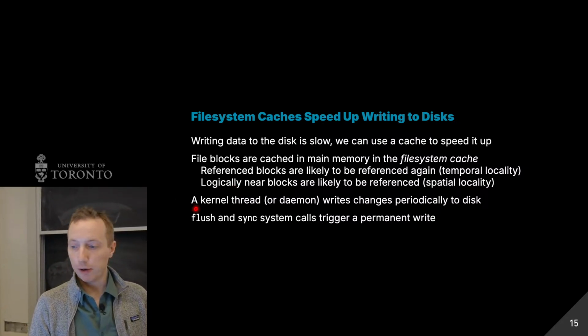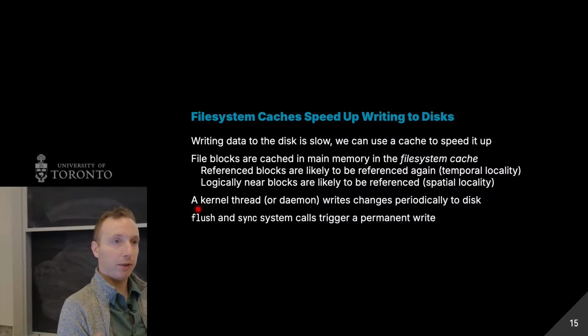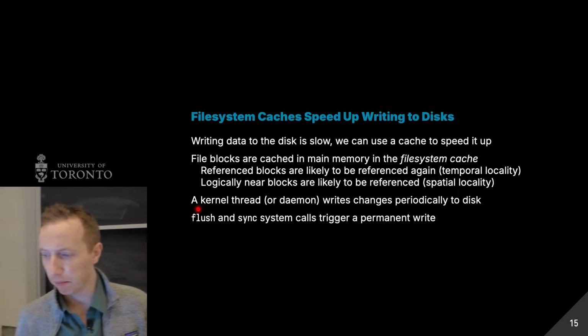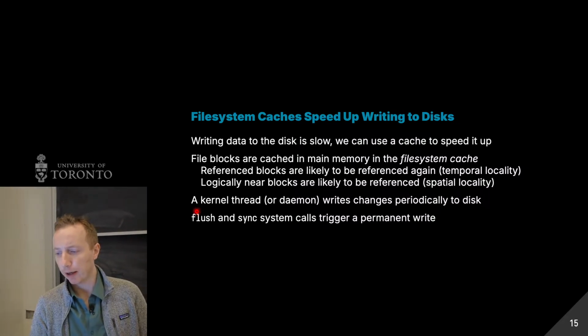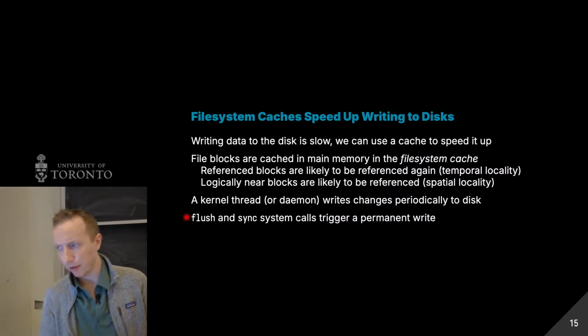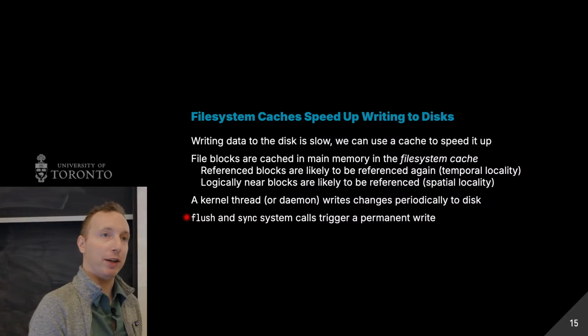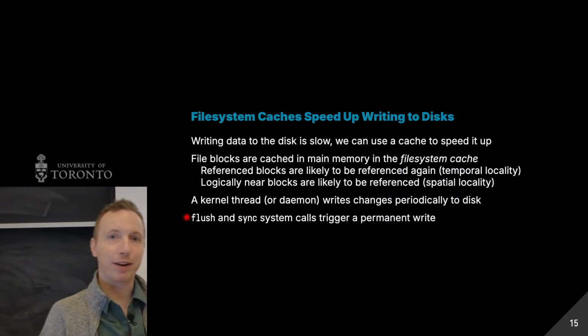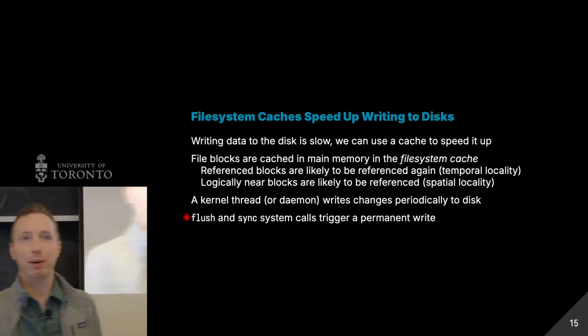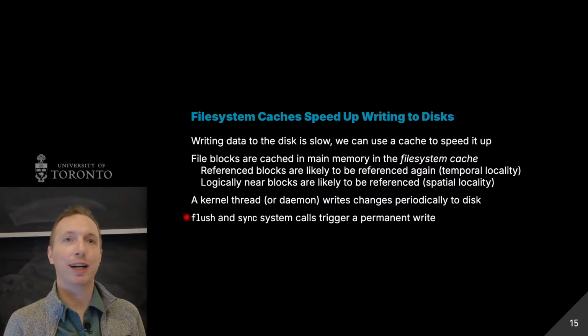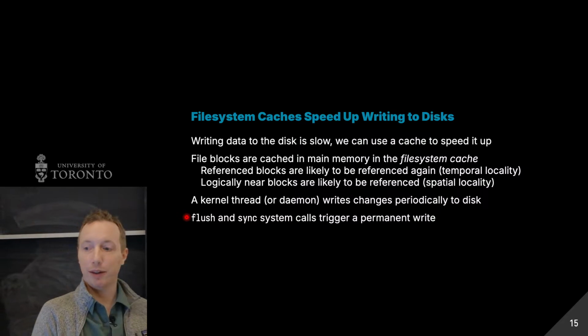So there is going to be a kernel thread or daemon that writes data changes periodically to disk whenever it's otherwise idle, otherwise it won't do it. This might be why, if you plug in a USB drive that you know is really slow and copy a Linux ISO to it that's gigabytes, it might finish really quick, but that's because it all got cached and it didn't actually write to the device.